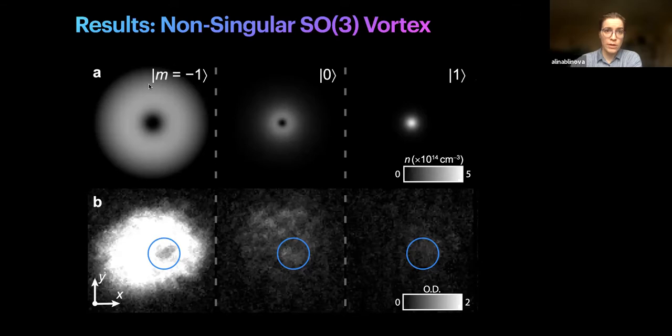These are the 3 components that we've separated in our imaging, and this is a view from the top. The simulation shows us a little more clearly, but in the experiment also, when you put it together, there's no singularity in the center.